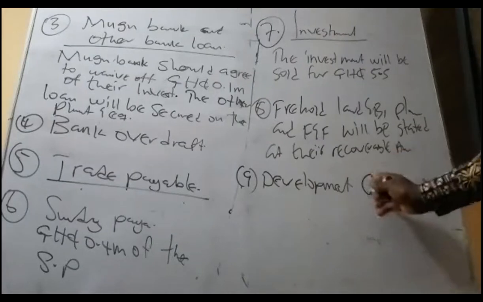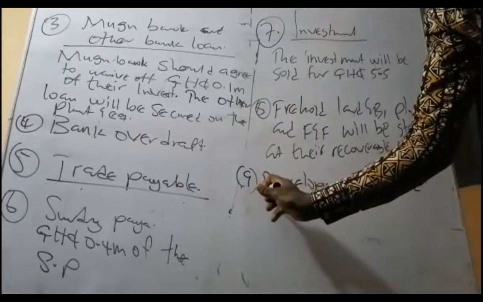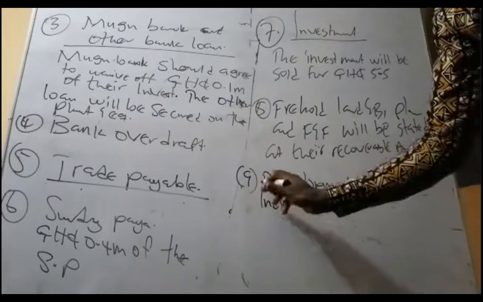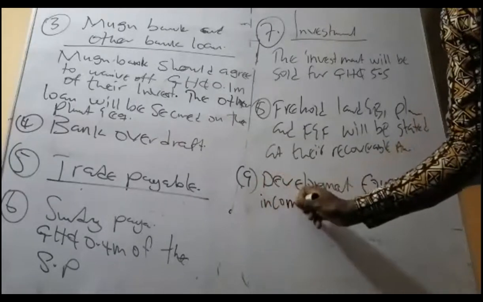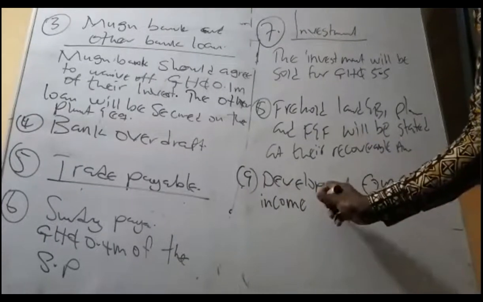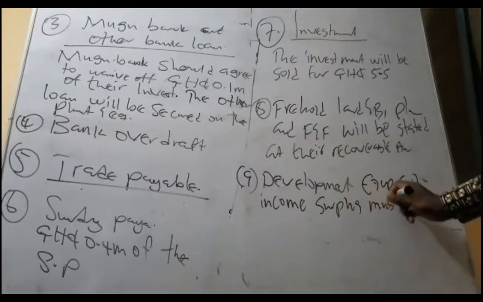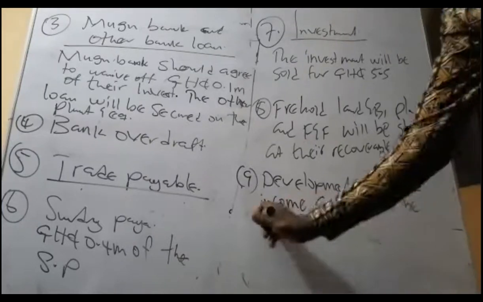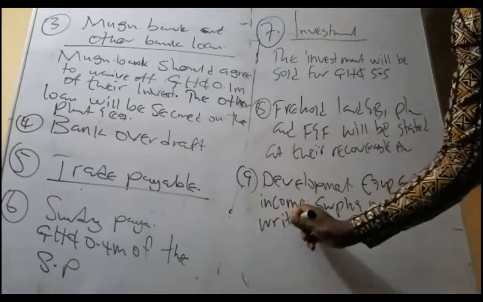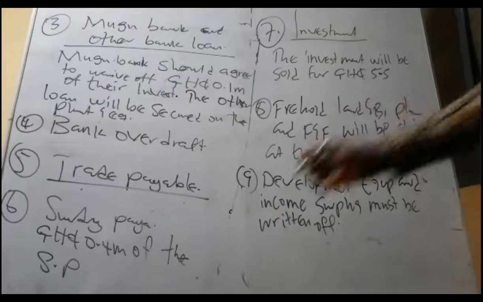So development expenditure and the income surplus must be written off. That's all.